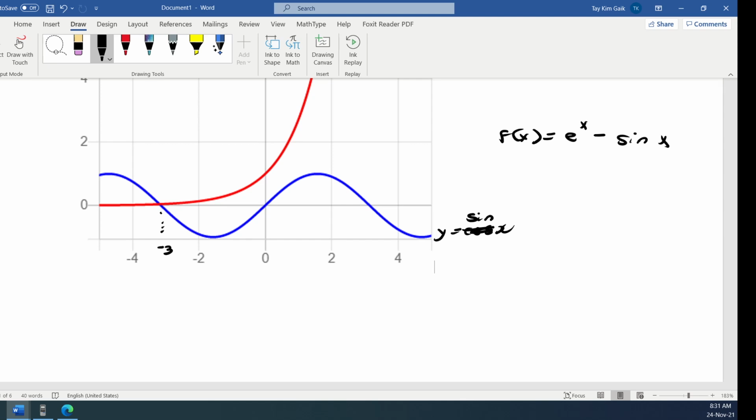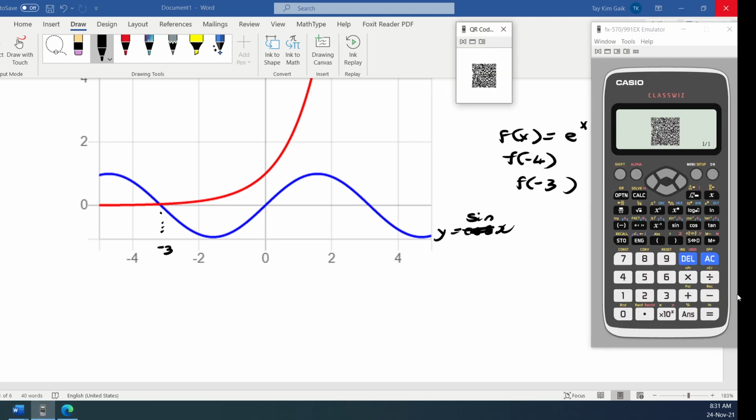Where your f(x) is e^x minus sin x, you calculate f(-4) and f(-3). The product of f(-4) and f(-3) you will get a negative value.